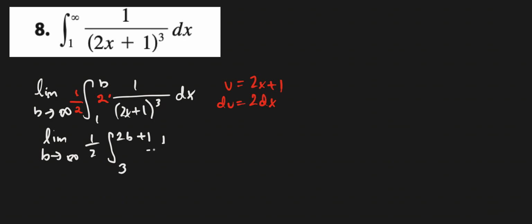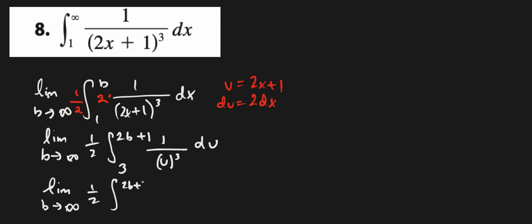This is just going to become 1 over u cubed, and 2 dx is going to become du. Okay, this is the limit as b approaches infinity, 1/2 integral from 3 to 2b plus 1 of u to the negative third power du.